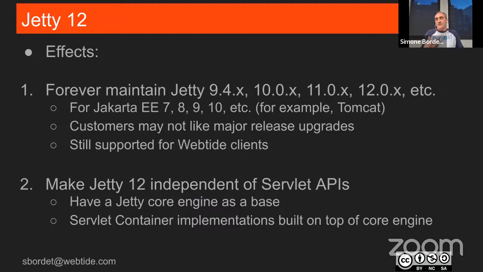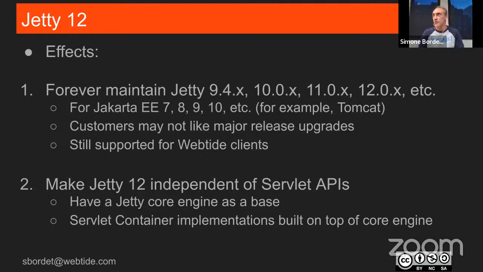And so for us at the Jetty project, what was the problem? The problem is that if we wanted to maintain different standards, we needed to maintain different versions of Jetty, which meant that we basically needed to maintain 4 versions of Jetty alive at any time. Tomcat, for example, has chosen this path.